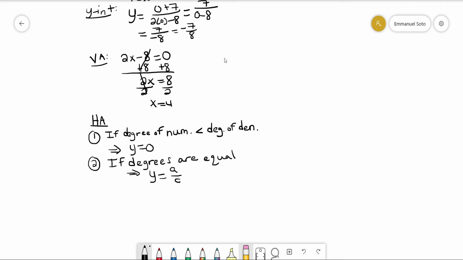If, for example, your function was f of x equals ax plus b over cx plus d, and these powers are the same, then you're going to take the ratio of the coefficients of the highest power for the x. So in this case it's a over c. So if this were like a 1x and this were a 2x, then this would be 1 over 2. And that's if the degrees are the same. Remember that the degree is the highest power of x.